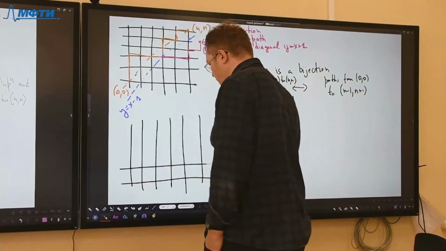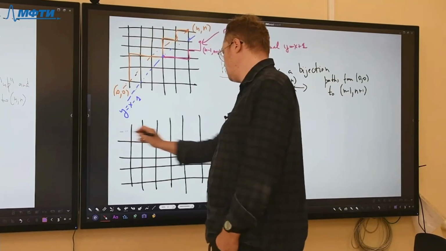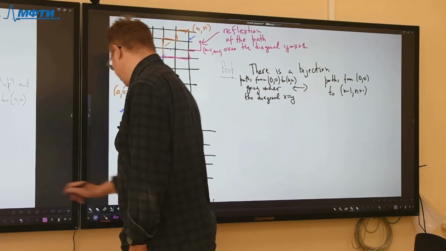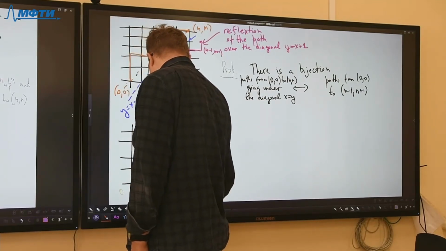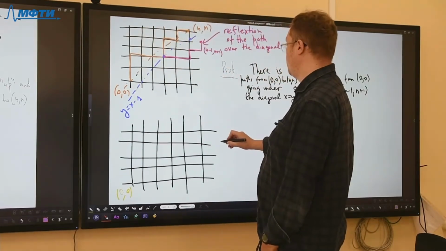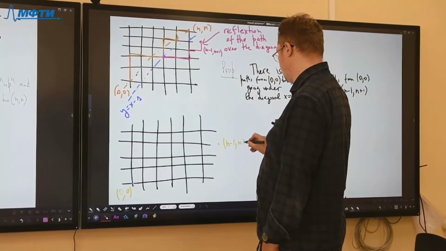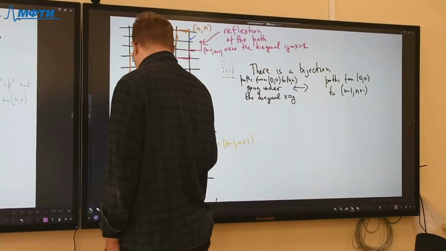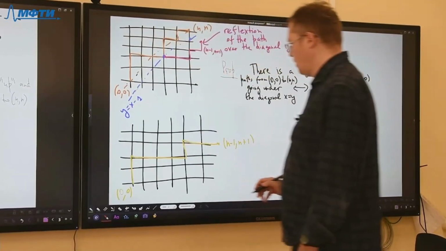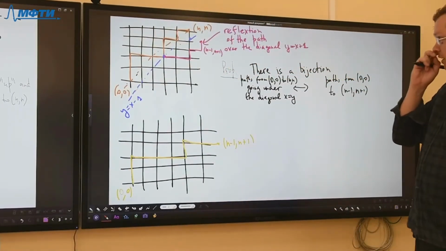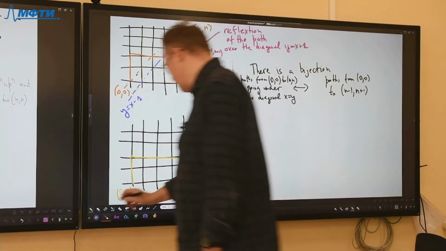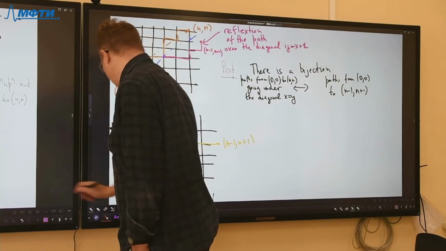Or the other way, if I started in 0, 0 and finished here in n minus 1, n plus 1, then how can I get this path? I will draw all the diagonals.